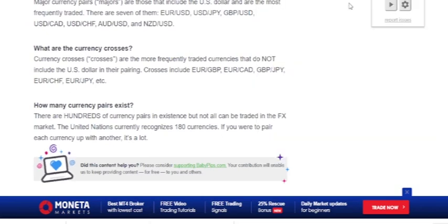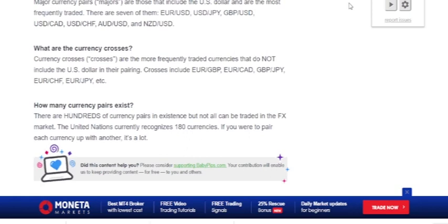So that's it for the buying and selling currency pairs. So you now understand the majors, you now understand the minors, and you now understand the exotic pairs. So to go back, the major currency pairs include the US dollar. The minors don't include the US dollar.